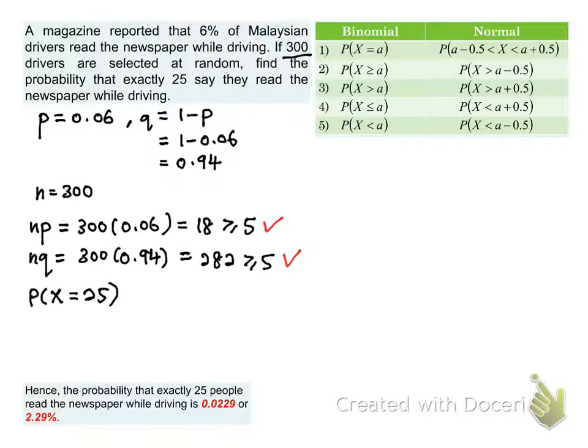When X equals 25, from the binomial, we have to convert it to the normal distribution. For the normal distribution, we're using this formula with a minus and plus.